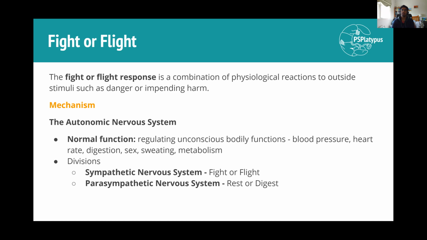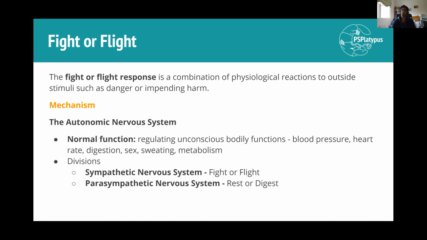So all of that stuff there is going to be regulated by the ANS in normal life. Now, when it comes to these sort of situations, we have a further distinction which becomes important. So within the ANS, that's a big umbrella, we have two parts called the sympathetic and the parasympathetic. So the sympathetic nervous system is responsible for the fight or flight response. This is when there's danger, some impending threat. This is going to put you on high alert. Now, the parasympathetic nervous system is basically when everything's fine.